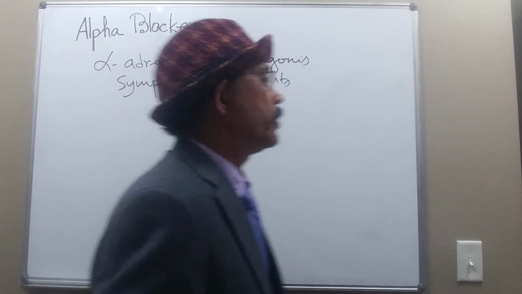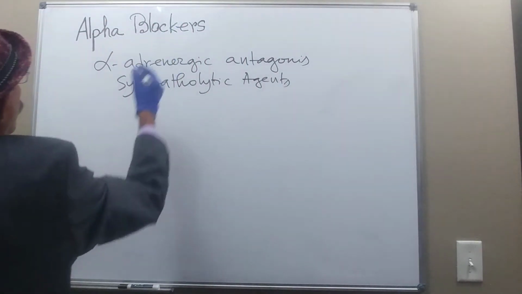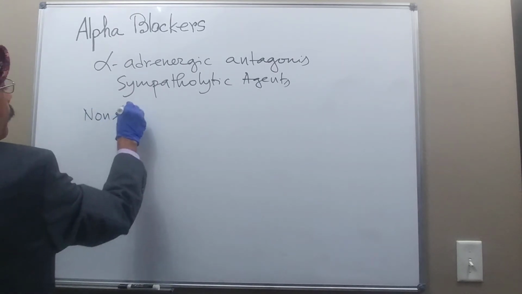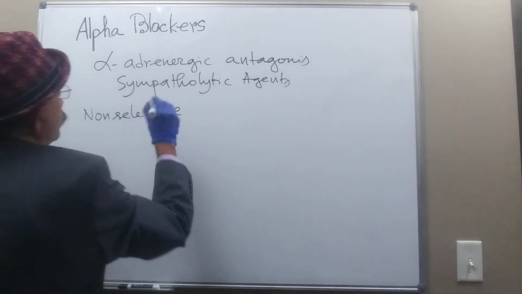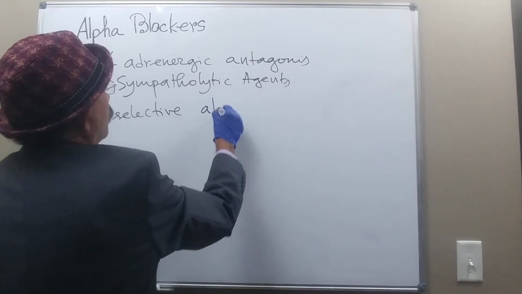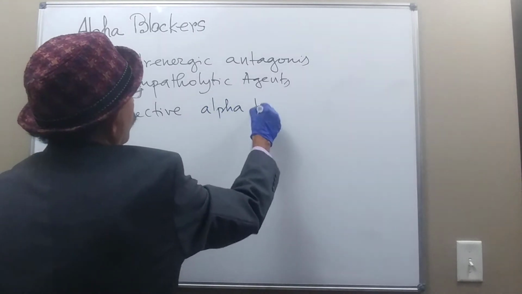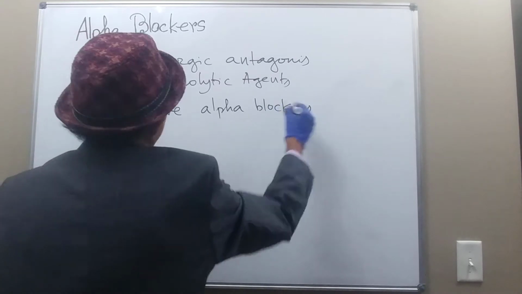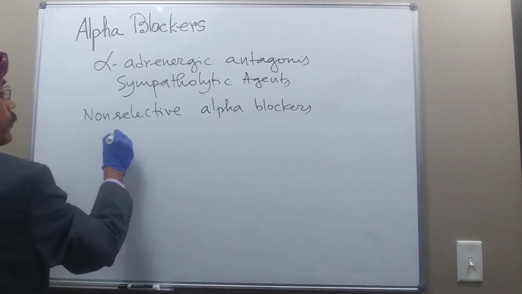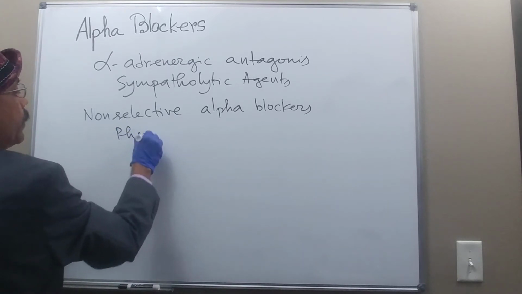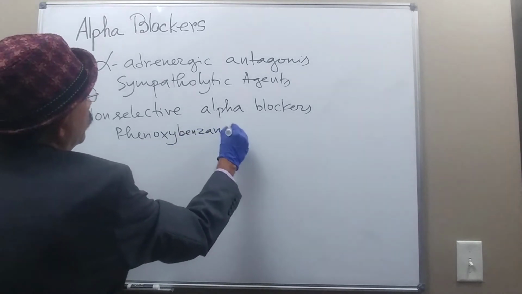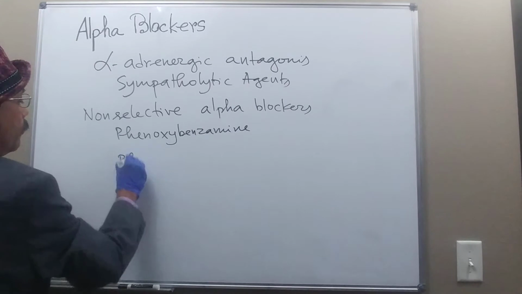Okay, we have two types of alpha blockers. One is the non-selective alpha blockers, like phenoxybenzamine and phentolamine.